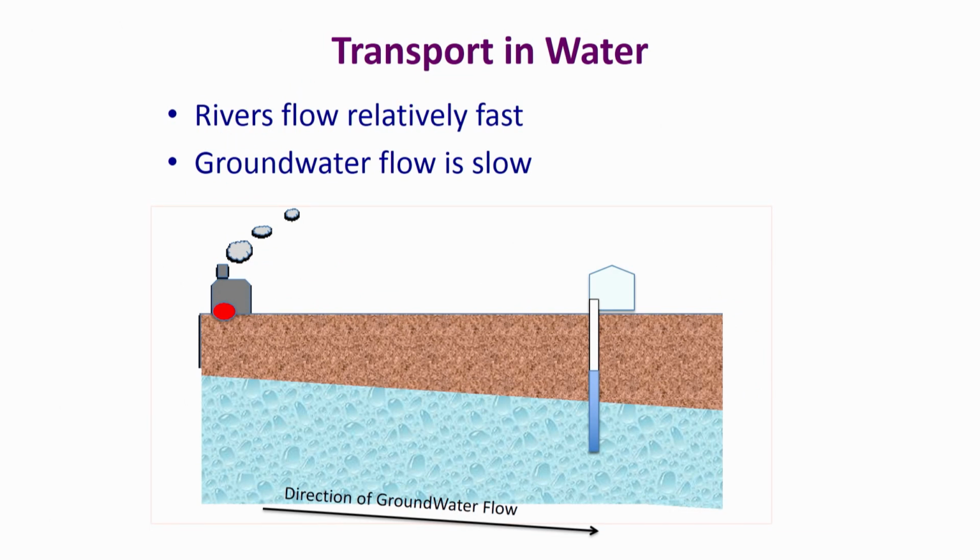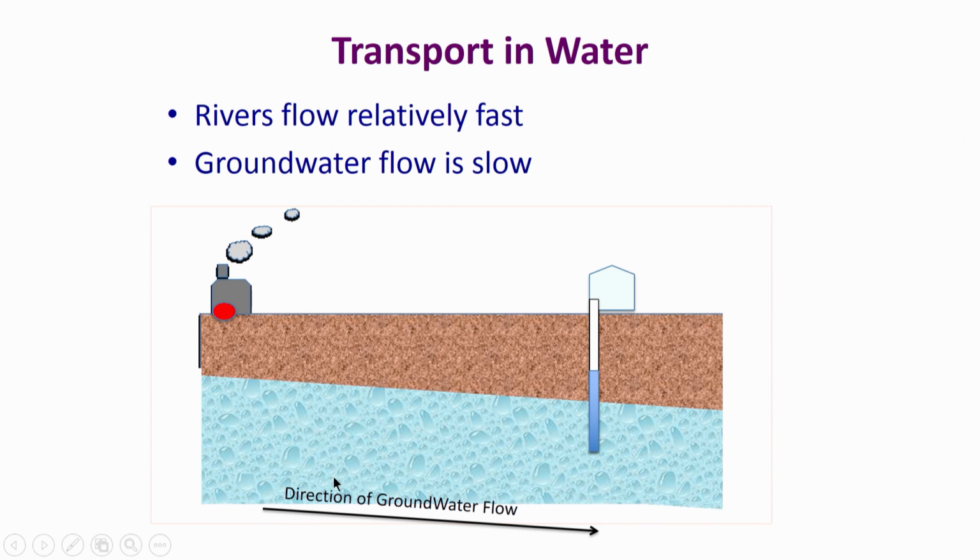This happens in rivers. In groundwater, the flow in comparison to rivers is significantly slow. If you look at this cross section here, this is soil, what we generally call unsaturated medium, which is soil that may have moisture but not enough to be called groundwater.